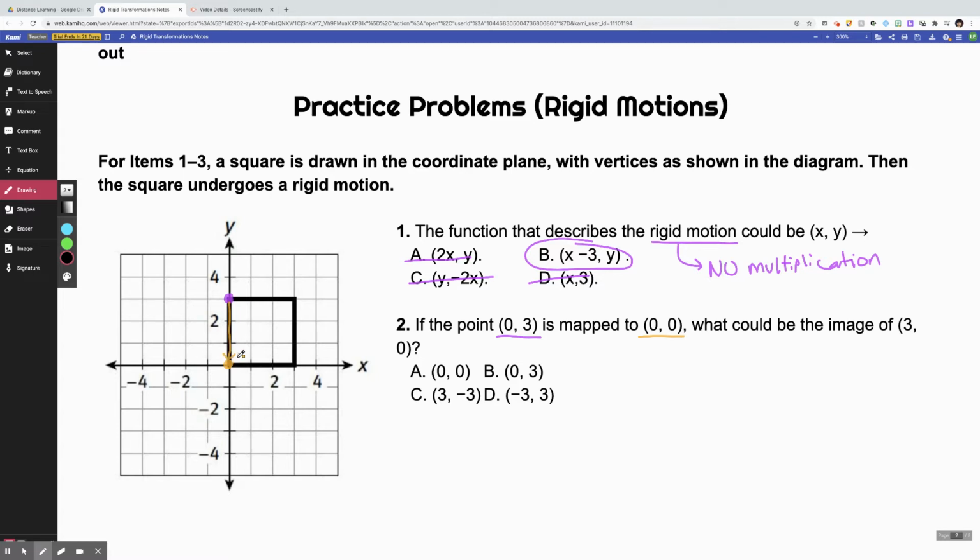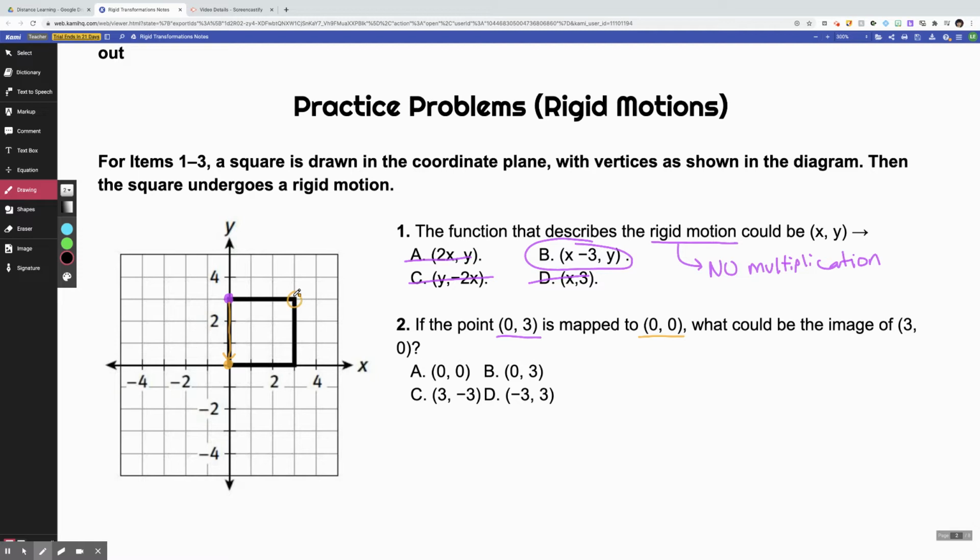And you saw what I drew there in orange. That orange arrow is called a directed line segment, right? It's literally just showing you how far and in what direction you're going to move. So if I took this point at the top and moved it 3 units down, then I'm going to do the same thing to the other points.